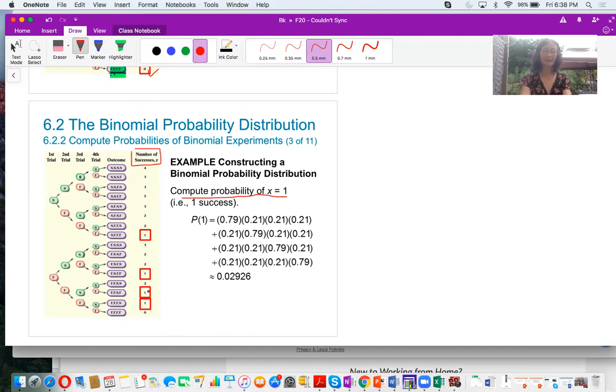And from this tree diagram, you identify those are the outcomes for x equal to 1. For this one here, it is SFFF.